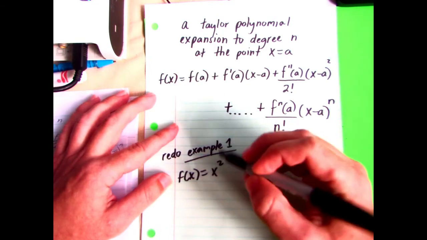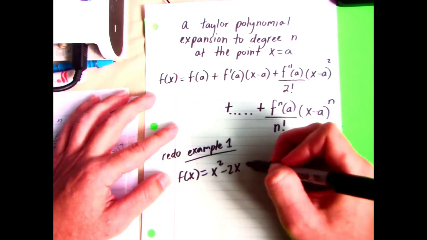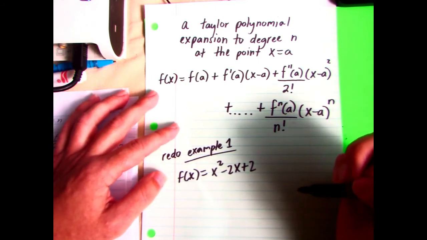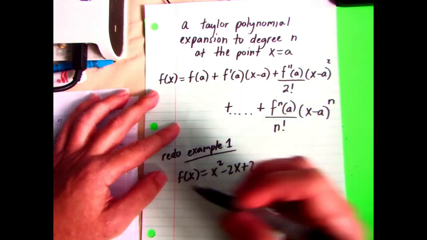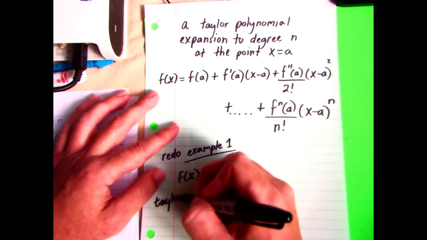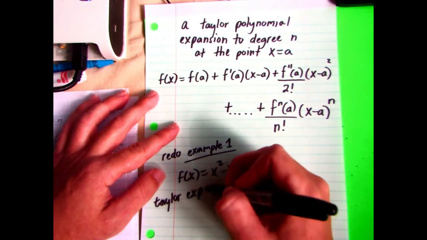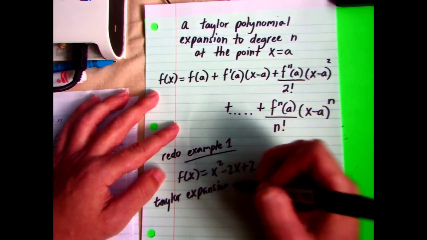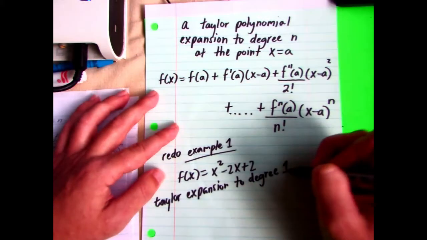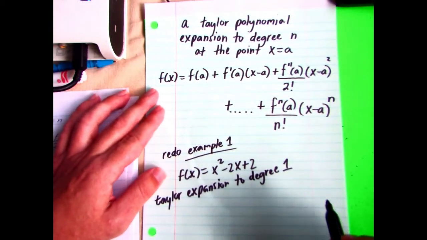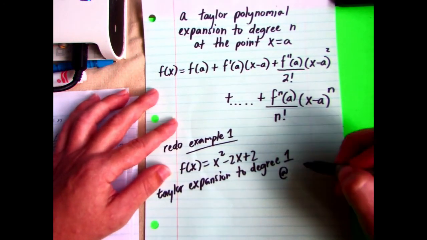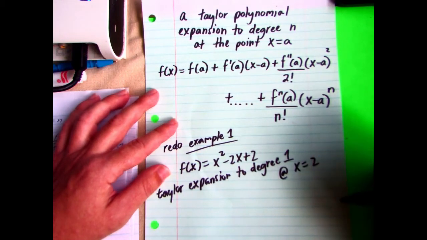It was x squared minus 2x plus 2, and we were centered around the point x equals 2. That was where the tangent point occurred. So let's find the Taylor expansion to degree 1, and again we're centered around x equals 2. So how's that going to look?